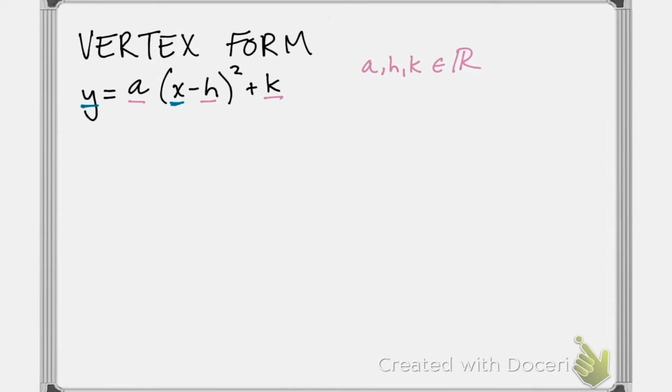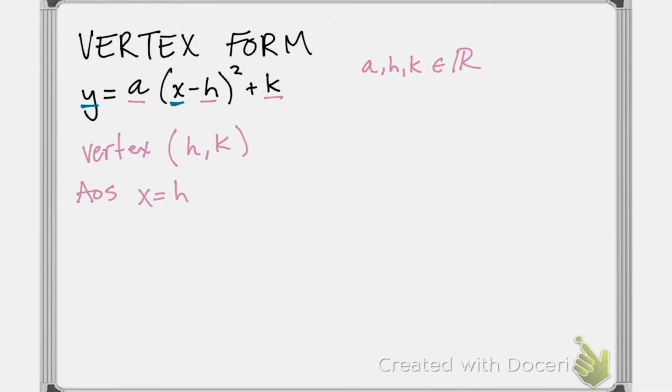Okay, things that are important to know, the vertex. You can tell the vertex just by looking at the equation. The vertex is (h, k), always, always, always. The axis of symmetry is x is equal to h. Okay, remember we talked about the axis of symmetry.